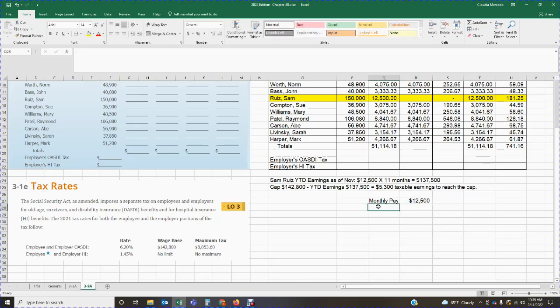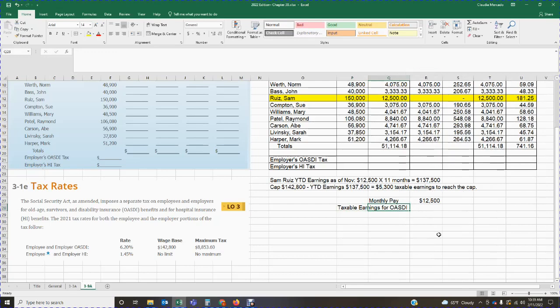The monthly pay for Sam is $12,500. We've calculated the taxable earnings for OASDI, which is going to be the $5,300. So that means that the rest is not taxable earnings.